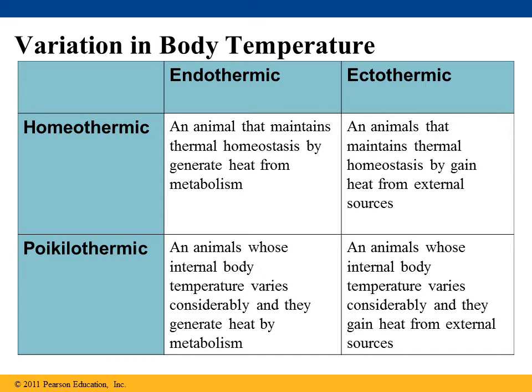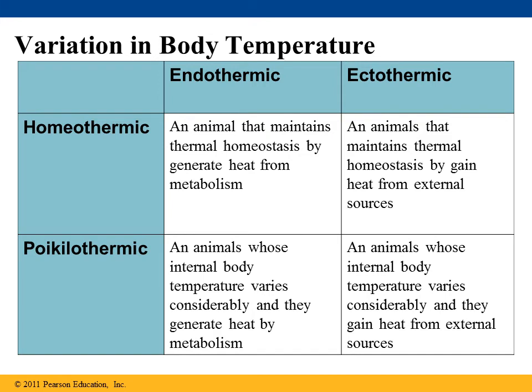Then we have the endothermic and poikilothermic animal, and these are animals that also go through metabolism, but their internal body temperature varies. Then we come over here to poikilotherms and exotherms, and again their body temperature varies, but now they get heat from outside sources.